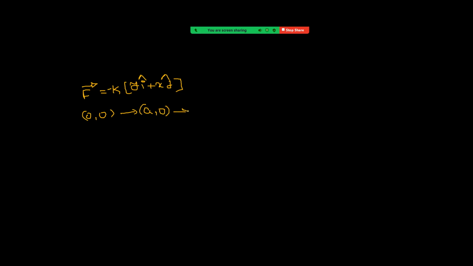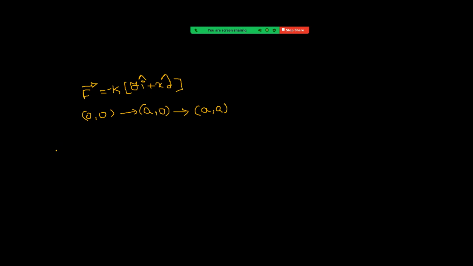Then it is taken parallel to the y-axis to the point (a, a). So in this process, what is the total work done? Here you have to see carefully. The force is not constant. It is variable: minus K into (y i cap plus x j cap). Let us see now.